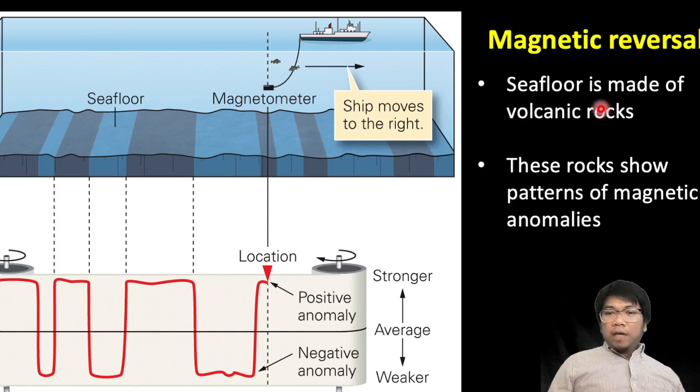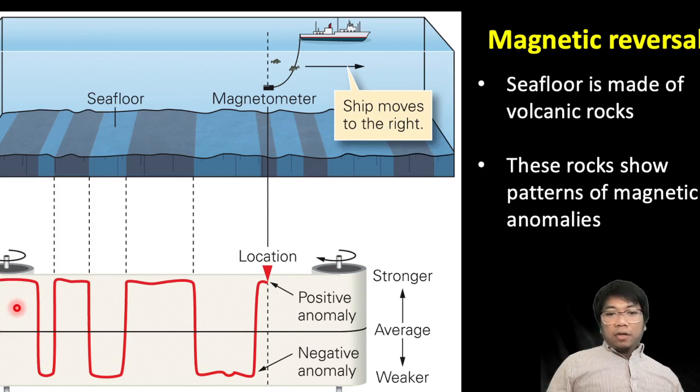So the seafloor is made of volcanic rocks, and they also record the Earth's magnetic field at the time they form. So we can actually run a tool called a magnetometer across the ocean and try to figure out the patterns of magnetic anomalies in the oceanic floor.